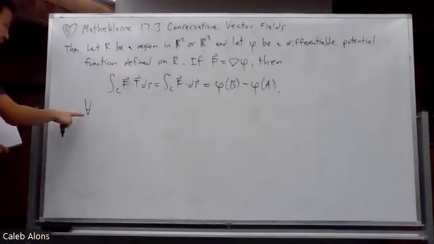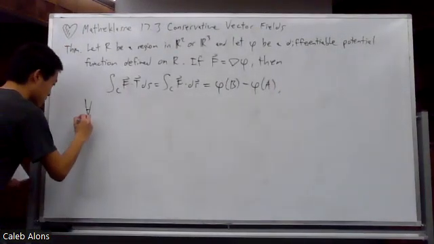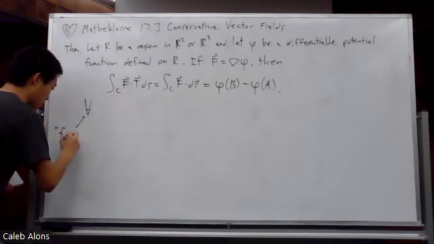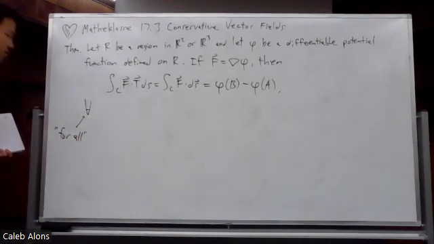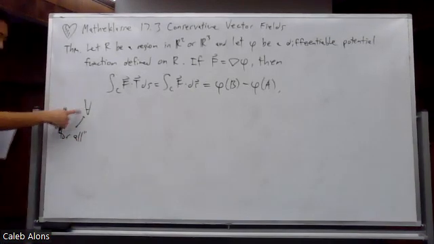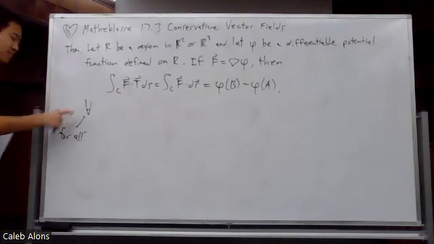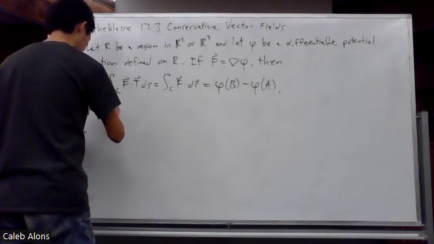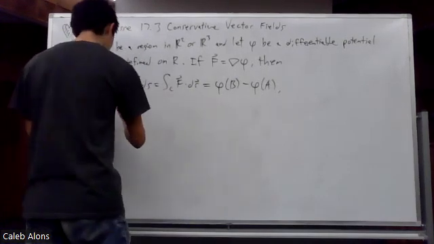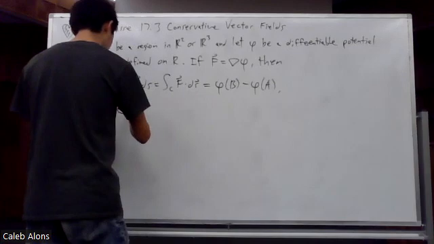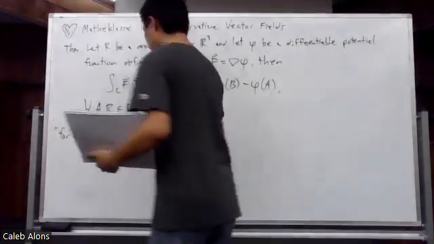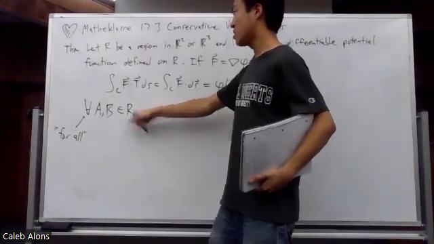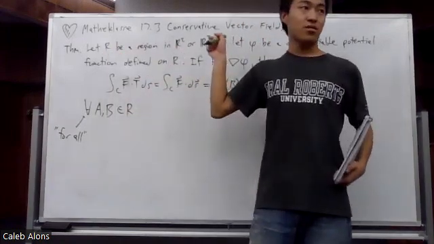An upside down capital A means for all, because doing that versus writing this is much better. I am far too lazy to write out English words in that. A, B in the region R. Notice this is not a double-struck R, don't get confused. This is a subset of either R2 or R3.